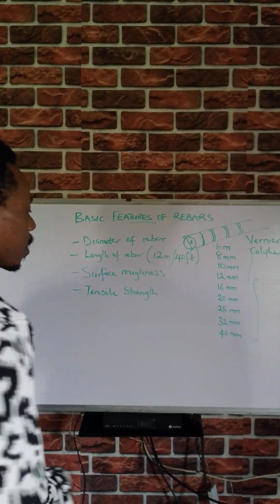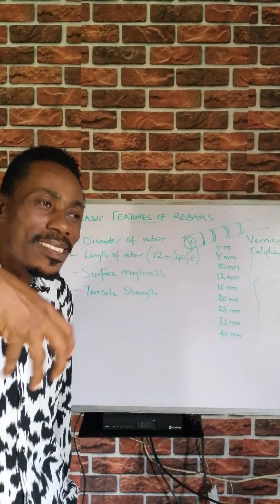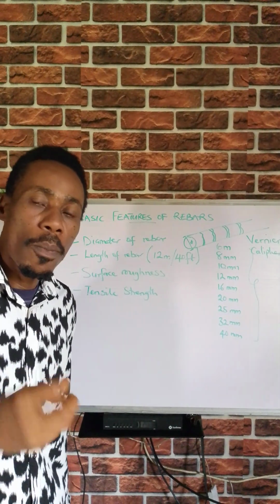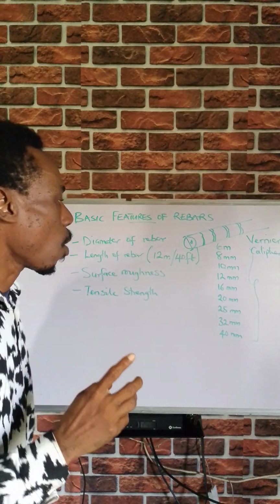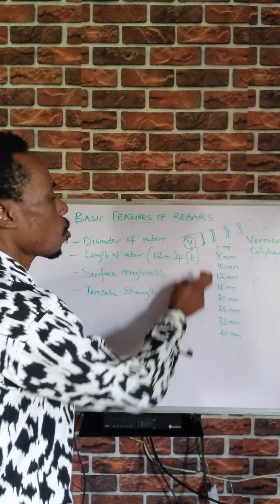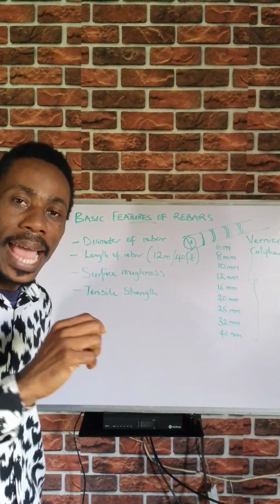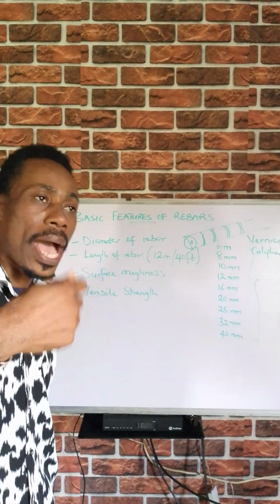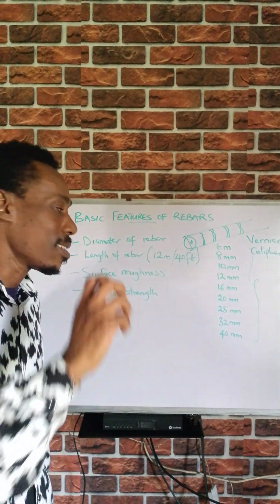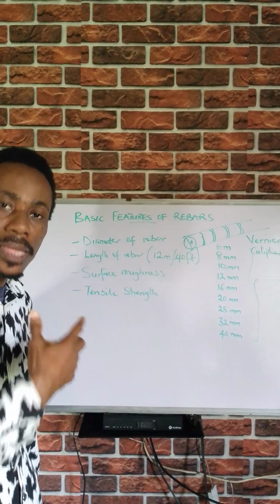Now, tensile strength is the actual strength of our reinforcement. It is the makeup, the tensile makeup, strength makeup of our reinforcement. Now, we can have the same tensile strength for the whole reinforcement, but the higher the diameter, the higher the strength, compared to the lower diameter.